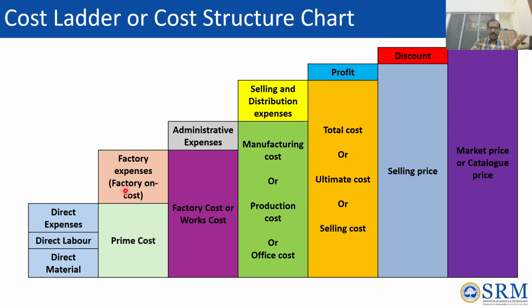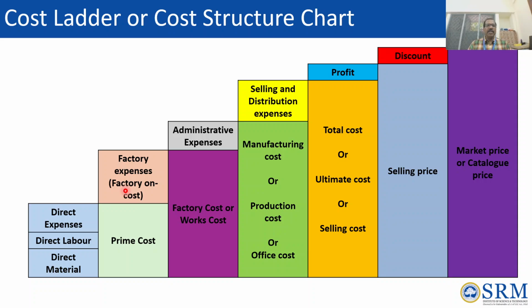Remember, it's very important. In our later units, we may be solving some numericals with these principles, like the cost ladder and cost structure charts. So at that time this is needed. Sometimes we will give only statements with selling price and discount and ask you to calculate the market price.